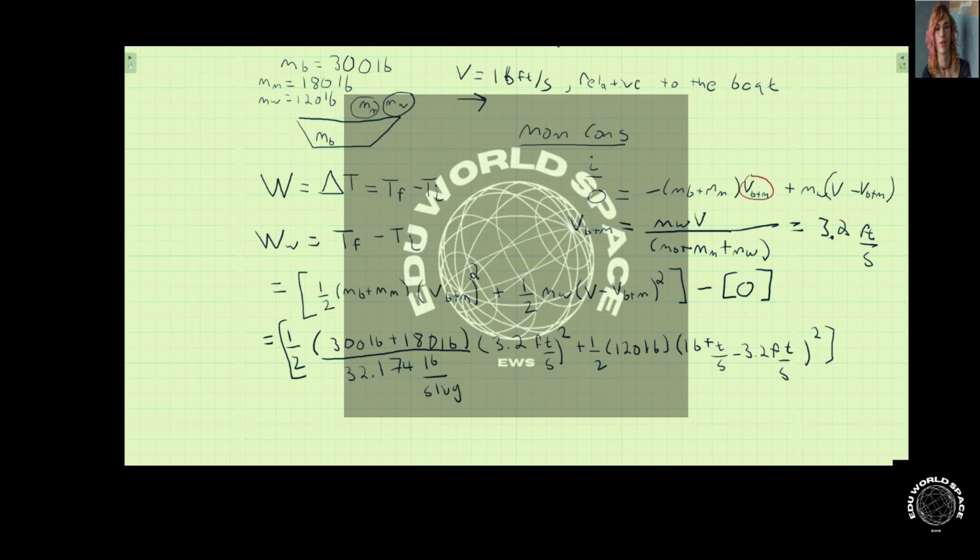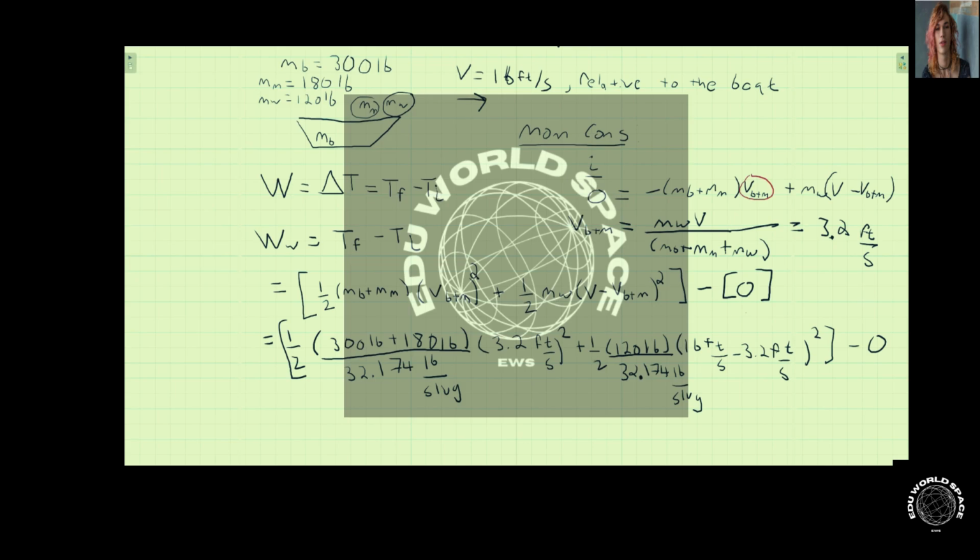We square all that, and of course, we subtract out our 0. And before we're done, remember to convert our force of 120 pounds using 32.174 pounds per slug.